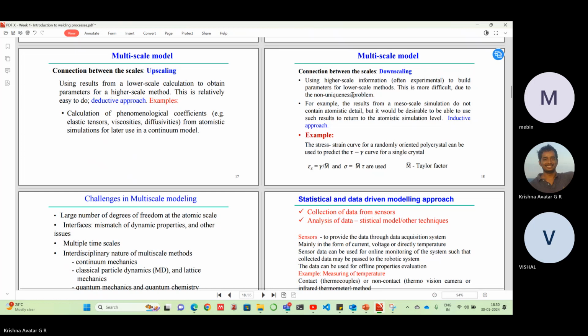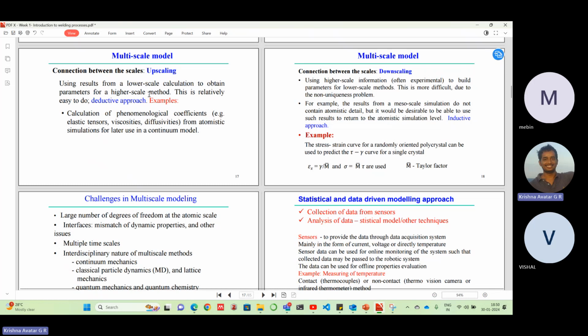The reason is that for various different microstructural level information, we can still have the same higher scale information based on averaging, since when we move from a lower scale calculation to a higher scale calculation, we are essentially averaging out certain properties.